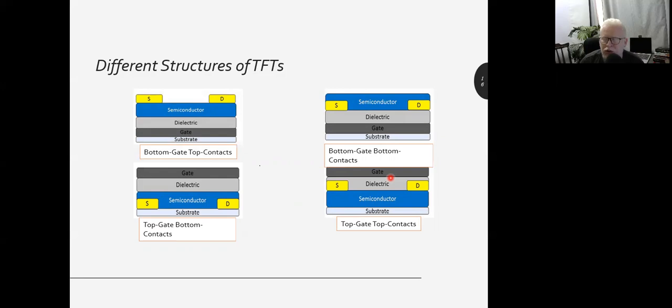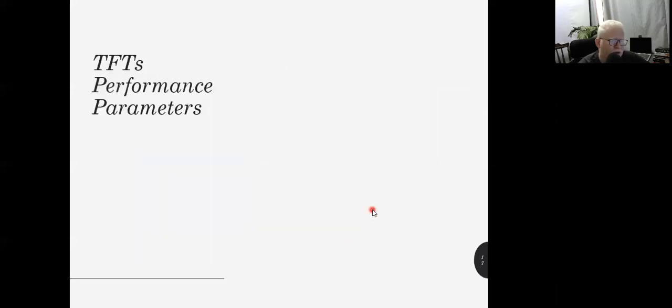So if you go to the literature, you will find that sometimes we promote the bottom gate structure, for example, as the best, but in other applications you can have a different answer. As I mentioned in the previous slide, which transistor is the best? So what is the definition of the best?